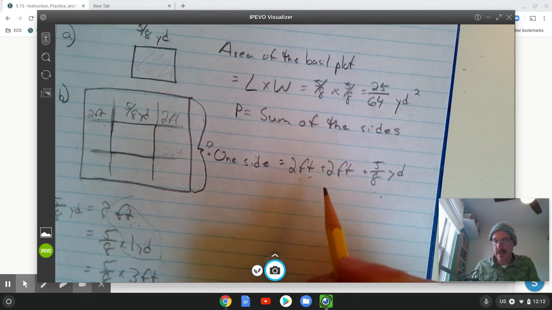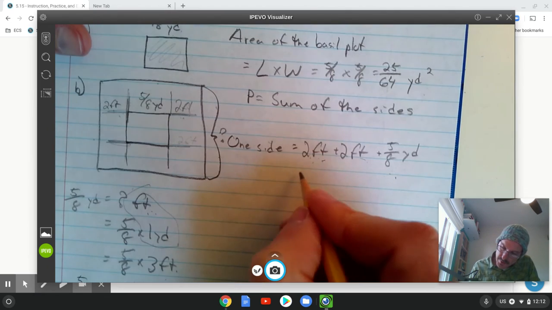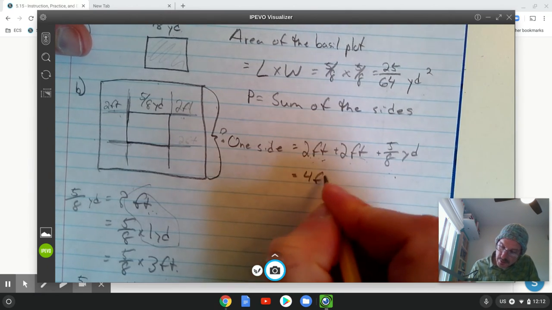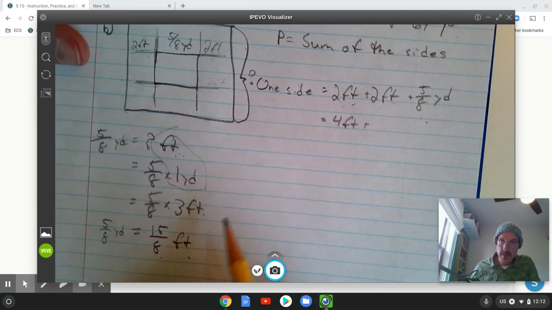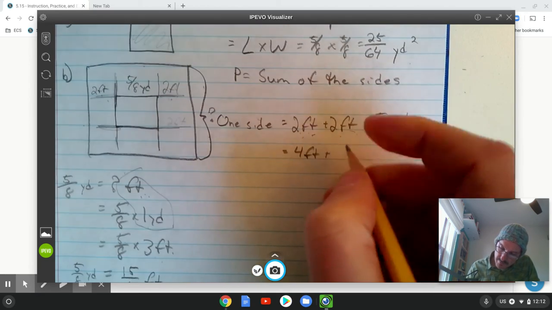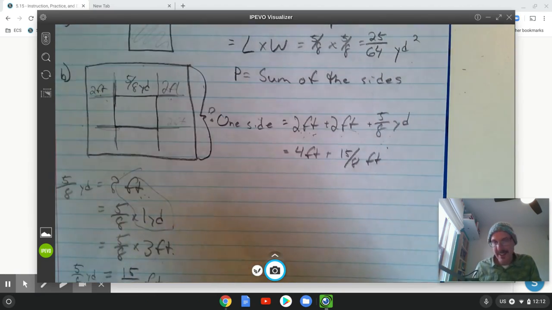I can't add feet and yards. Or I guess I could, but it makes it harder. So I'll add 2 plus 2, that's 4 feet. And then this conversion for 5/8 of a yard, 15/8 of a foot. I'm sorry, 15/8 feet.